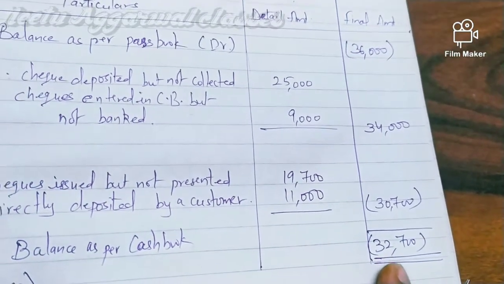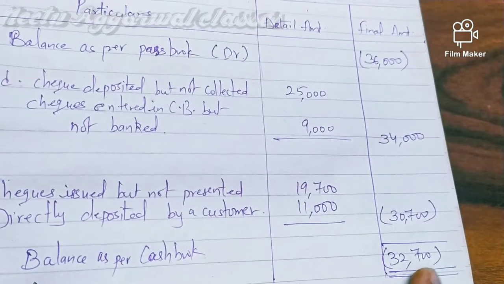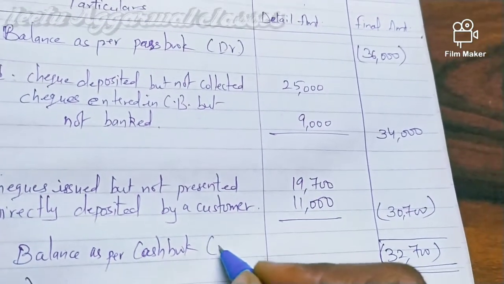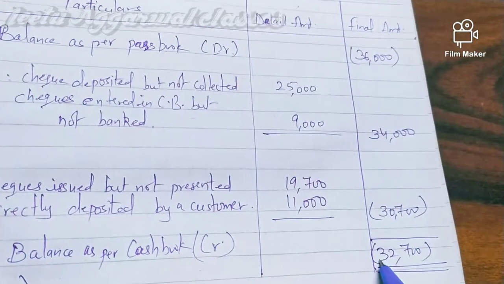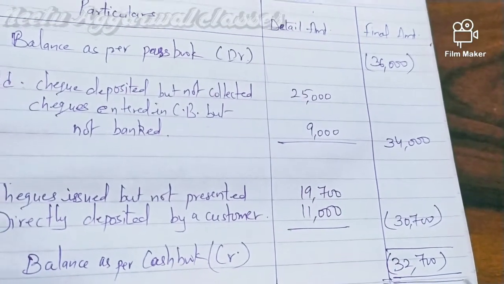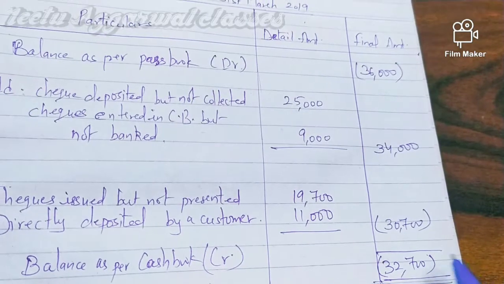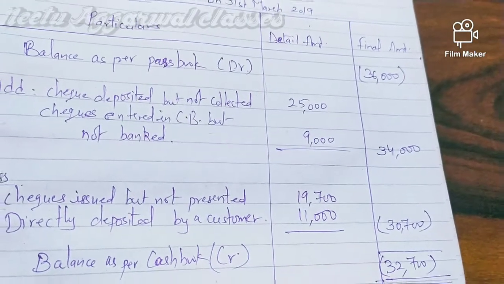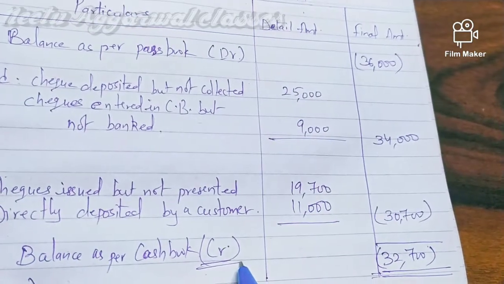Debit of negative balance, what is that? That is a credit balance, right? So we write balance as per cash book, credit balance, equal to 32,700. You can put brackets over here also, or you can not, that is even right because you have written credit amount.